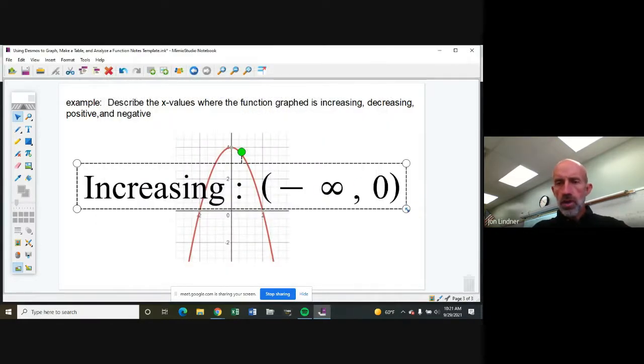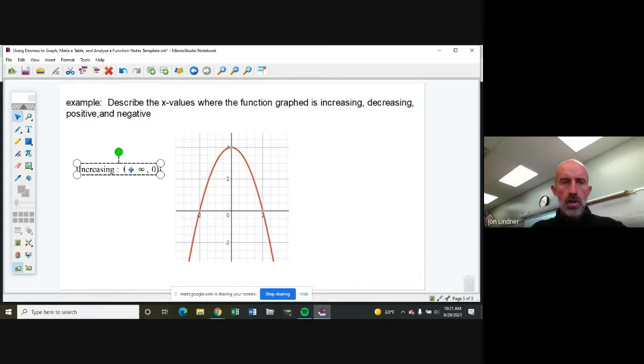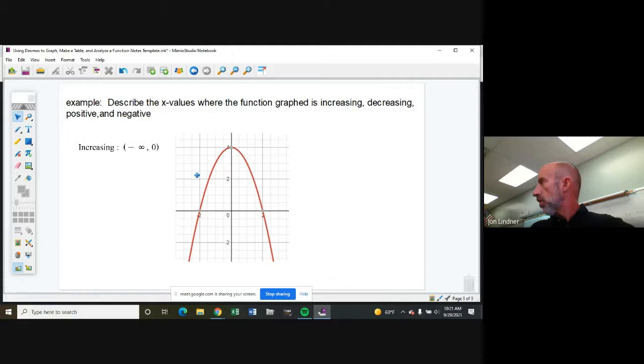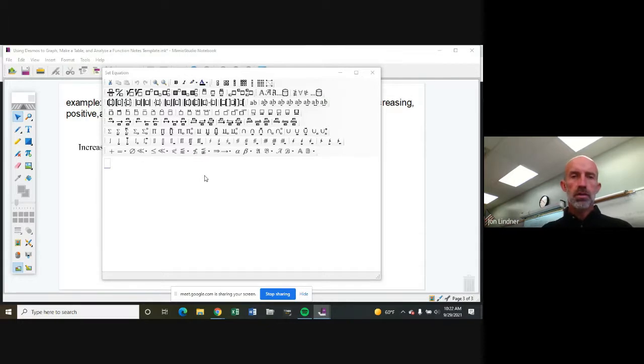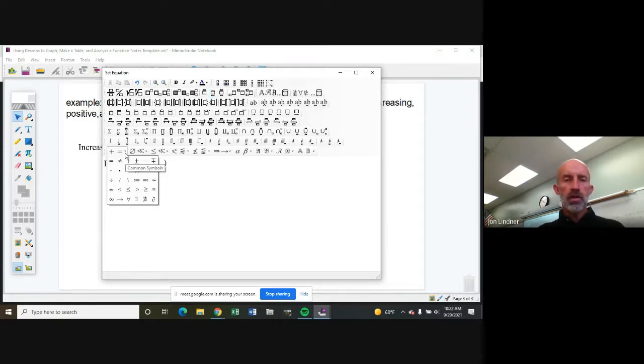And I know it's way too big. I always have to make it smaller. Okay, so this function is increasing from negative infinity to 0. We're working left to right. Then didn't you tell me that it's decreasing from 0 to forever? So now we would say it is decreasing from 0 to positive infinity.